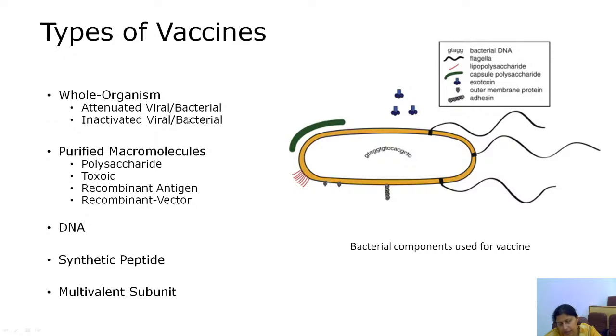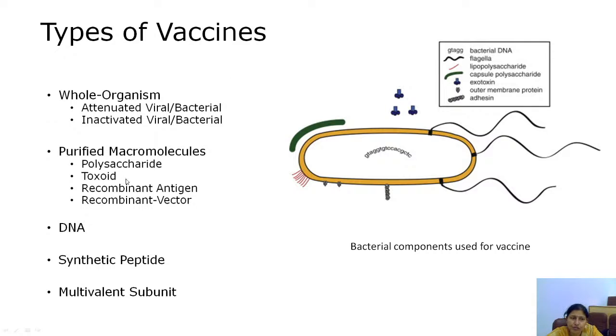There may be attenuation or inactivation of the different components of the bacterial or viral part, and thereby it leads to an inactivated bacterium which has lost its pathogenicity and retains its antigenicity.